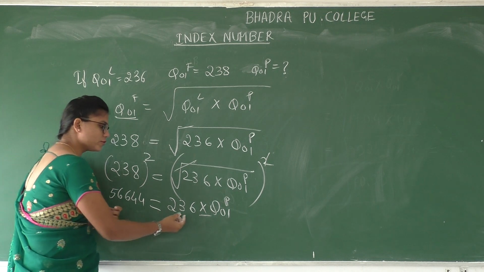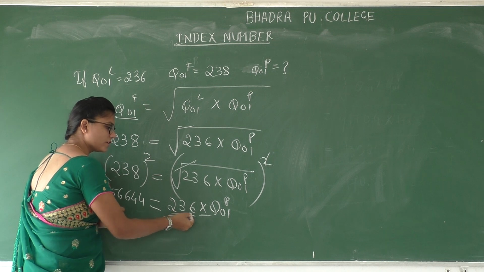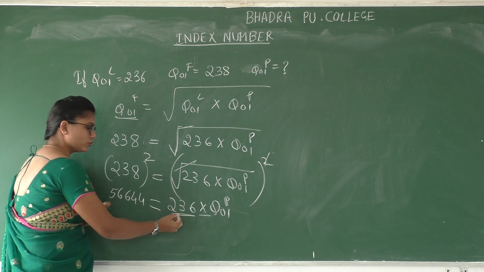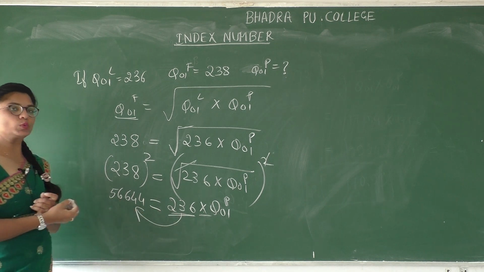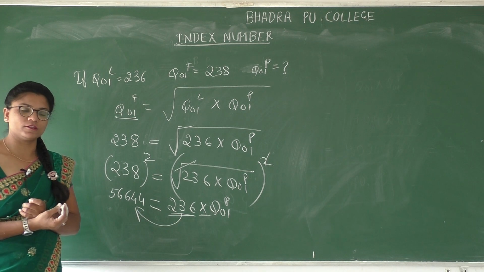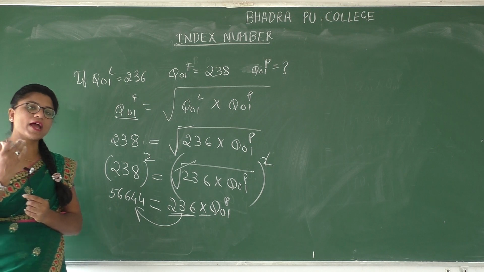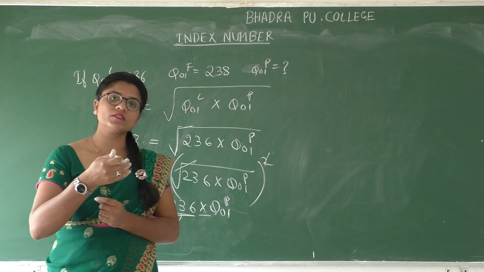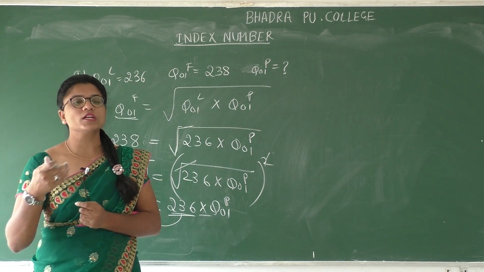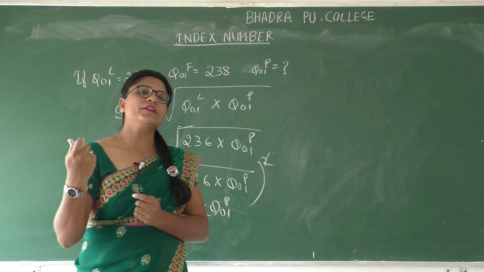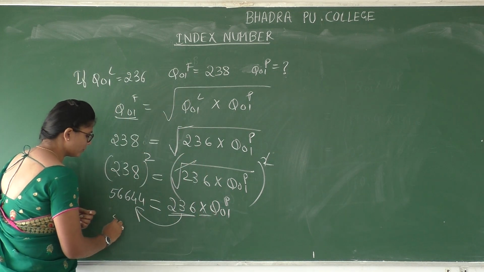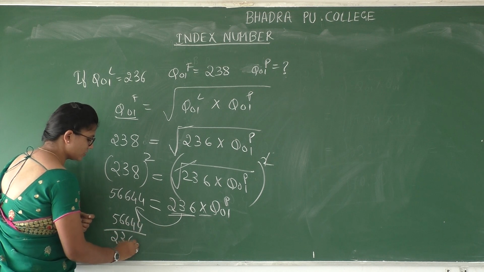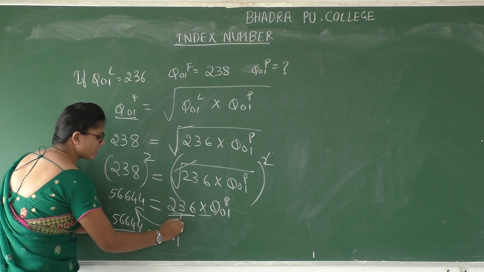So we have to transfer this 236 to the LHS. If you transfer a multiplication sign to the LHS, it becomes divided by. So 56,644 divided by 236 is equal to Q01P.